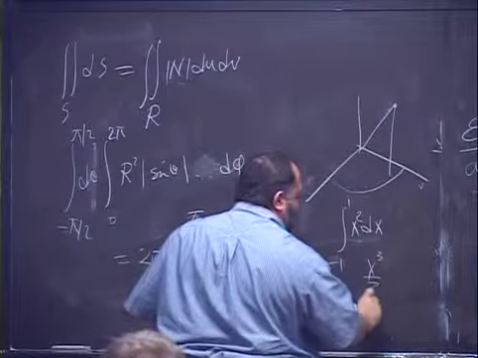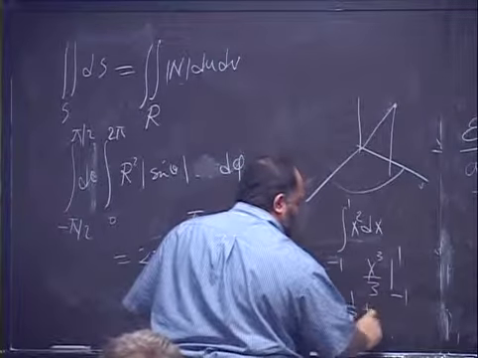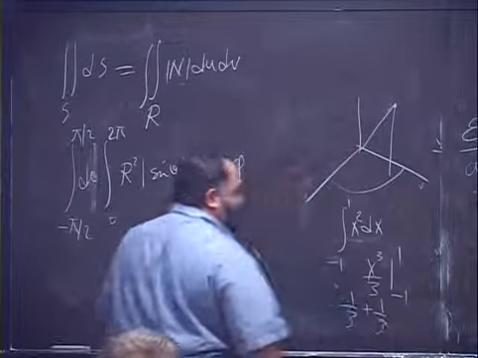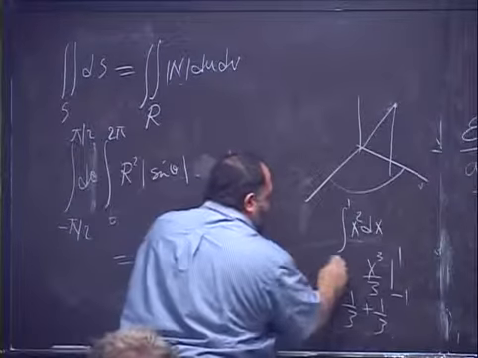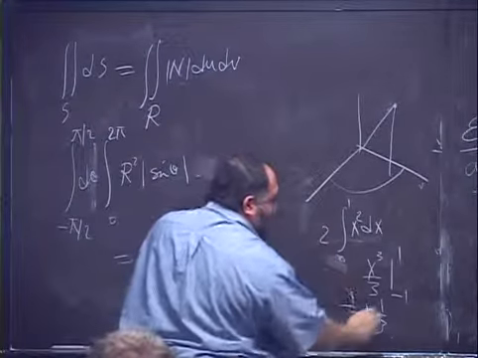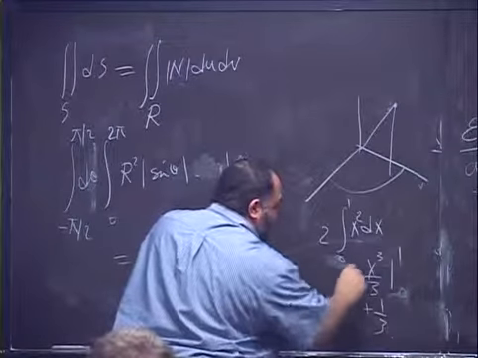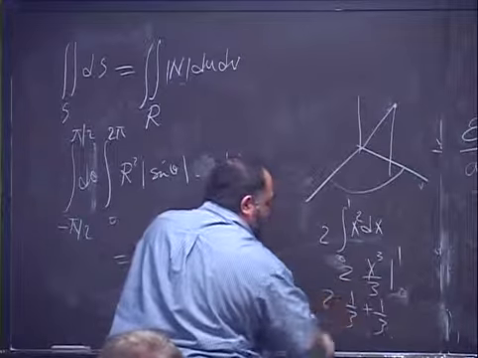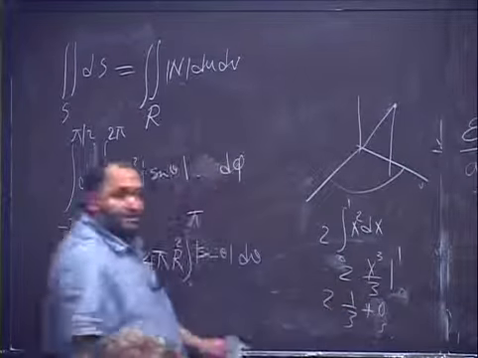X cubed over what? So this will give you 1/3 minus negative 1/3, so this is 2/3. So it is as if you said 2 from 0 to 1, so 2 multiplied by 1/3 plus 0. So it is exactly the same.